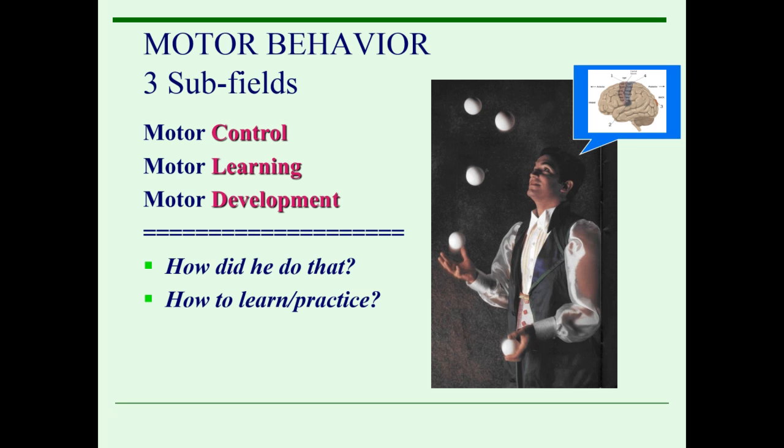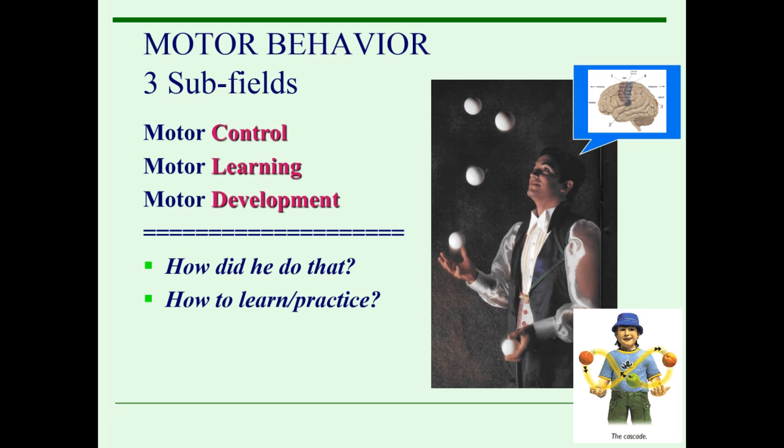Unlike control, where the concern is the here and now, or what allows the behavior to take place at this instant in time, learning is about accumulating skill. Therefore, it is about systematic practice using some specific technique. For example, there is a technique used by jugglers called cascading to help learners acquire the skill.